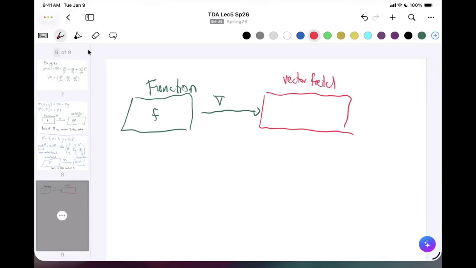You could take its gradient, let's just write this as gradient of f. And then, because the gradient is a vector field, you could take the curl of the gradient, right?